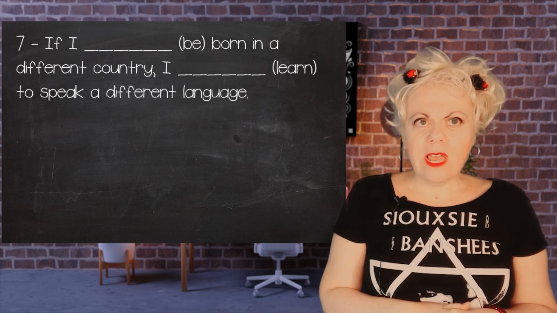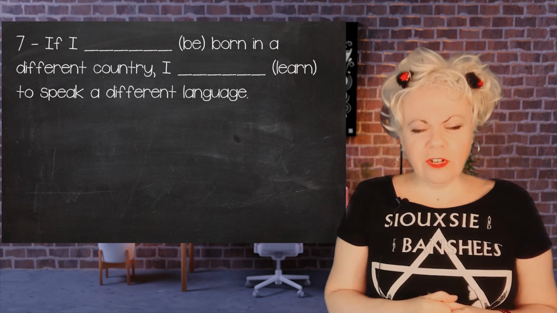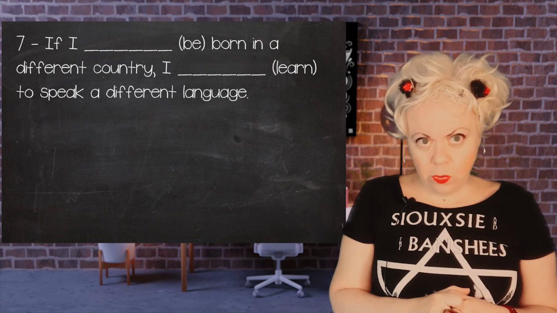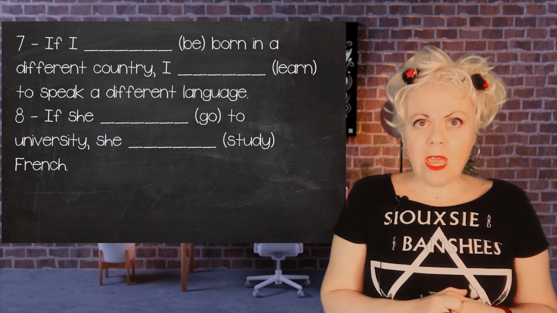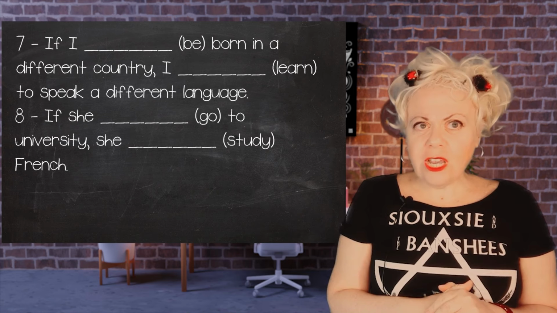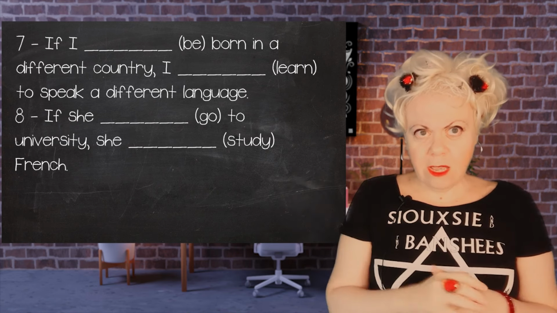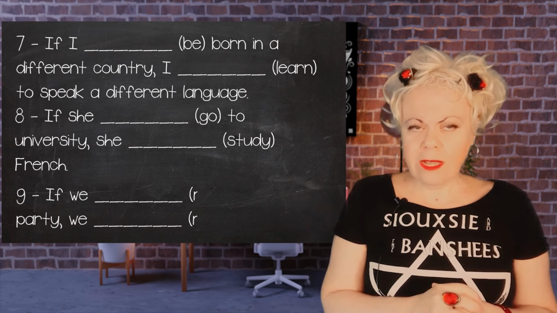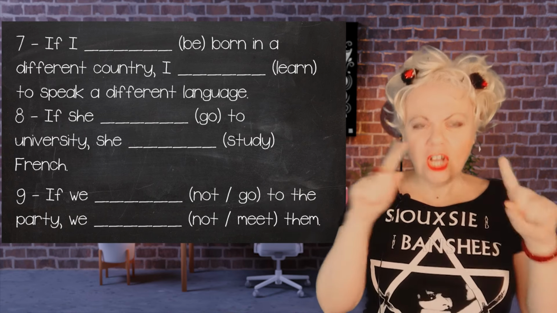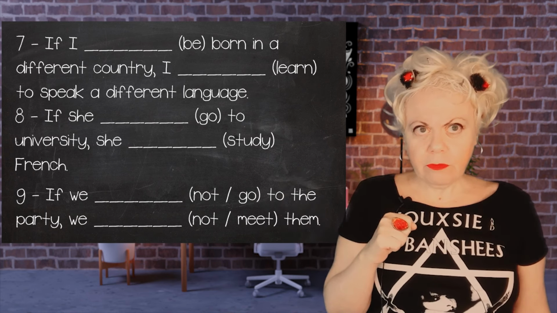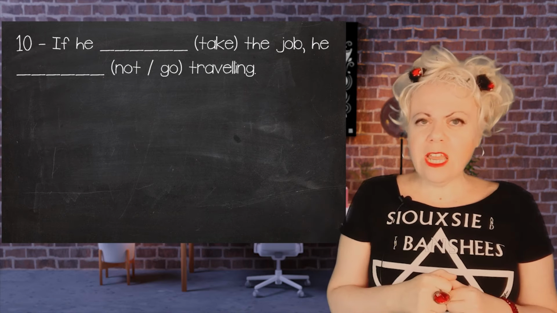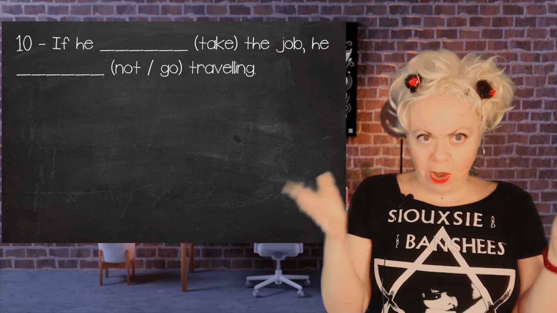Number 7, if I be born in a different country, I blank learn to speak a different language. 8, if she blank go to university, she blank study French. 9, if we not go to the party, we blank not meet them. Negative form. Number 10, if he take the job, he not go traveling.